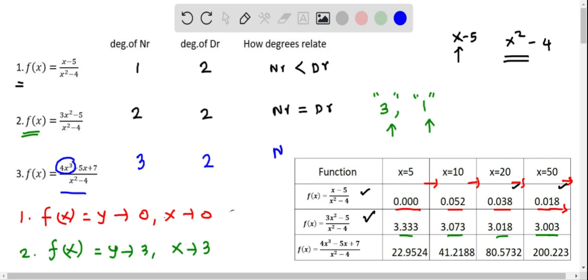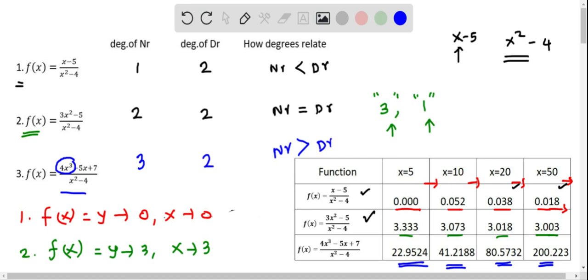So they relate as the numerator degree being greater than the denominator degree. We evaluated the values at x equal to 5, 10, 20 and 50, and we can see that f of x becomes larger as x becomes larger.